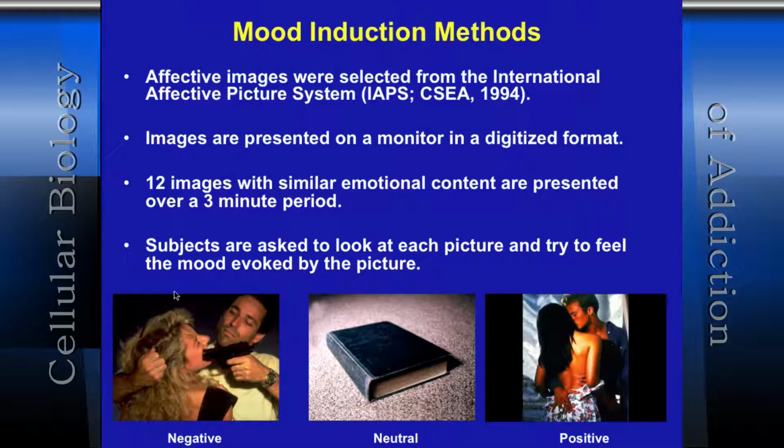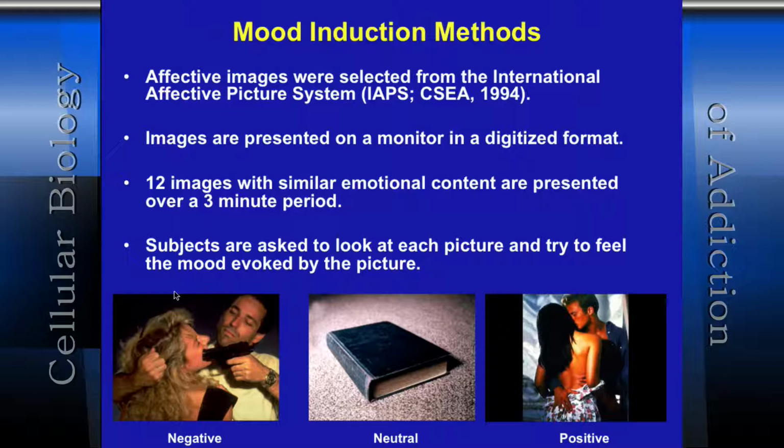They're in the lazy boy lounger about here, and there's a big flat screen in front of them where images from the International Affective Picture System are projected. This is a group of many hundreds of images that have been rated by many hundreds of undergrads as to the intensity of their positive or negative state and various dimensions of affect.